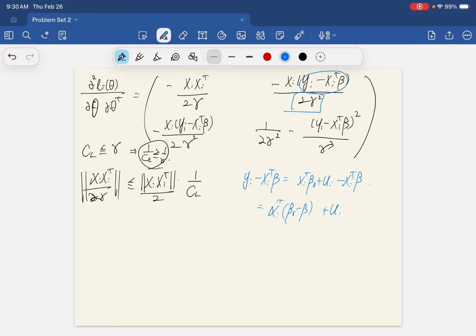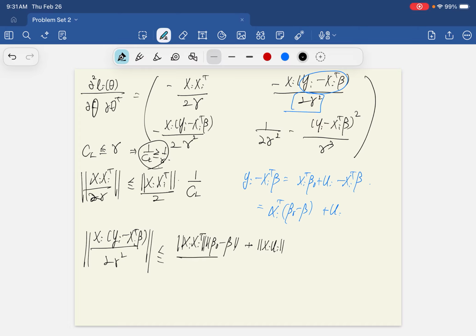So how are we going to bound it? We bound xi yi minus xi transpose beta over 2 gamma squared by x transpose beta 0 minus beta, it should also be taken, plus xi ui, divided by 2 times CL squared. Beta is also easily bounded by CL, right?